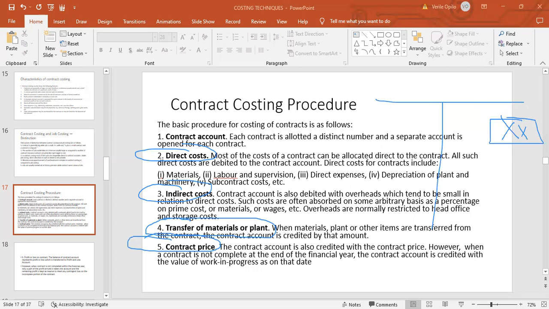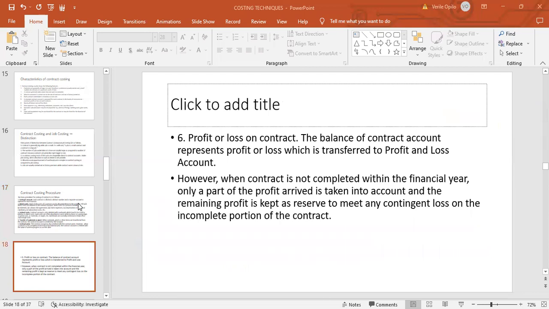So we will record the contract price on the credit side, so as to see how much income this contract has brought into the company for that particular period. Those are some of the factors that we will be considering when preparing the contract account.